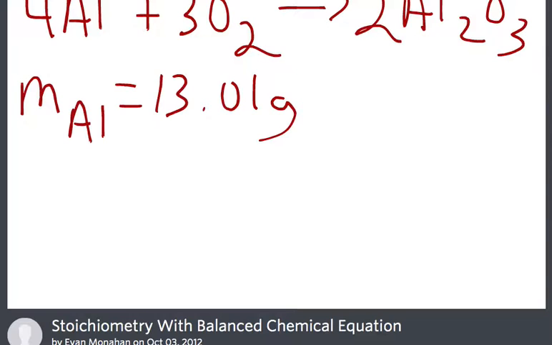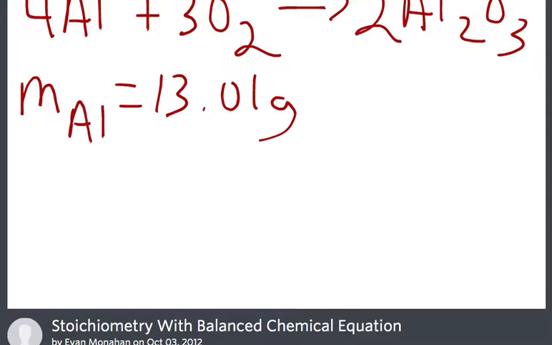When you look at a balanced chemical equation, you can't relate the mass of one thing directly to the mass of another. Okay, but you can relate the mole values of one thing to the mole values of another. So if I know how many moles of aluminum I have, then I can figure out how many moles of aluminum oxide I have. Once I figure that out, then I can change it into grams, which is what the question is asking for.